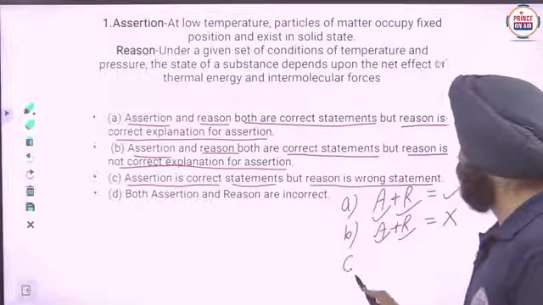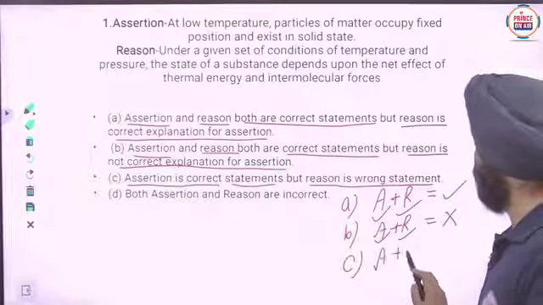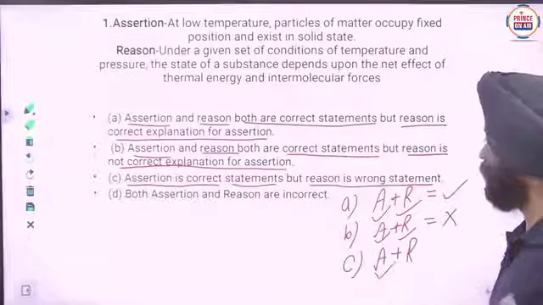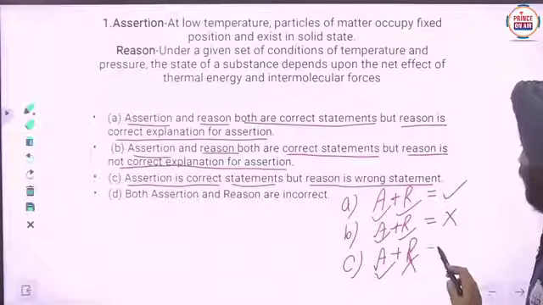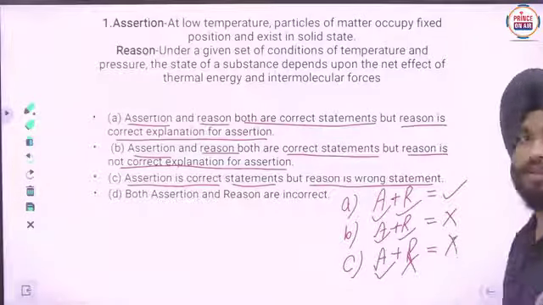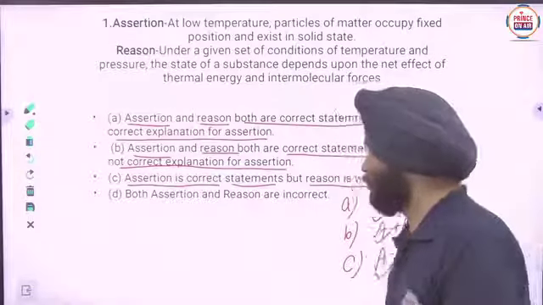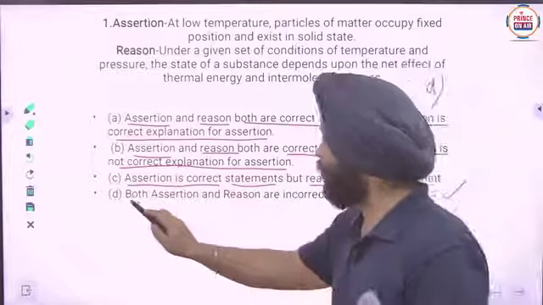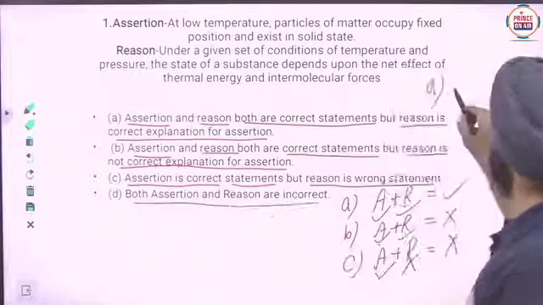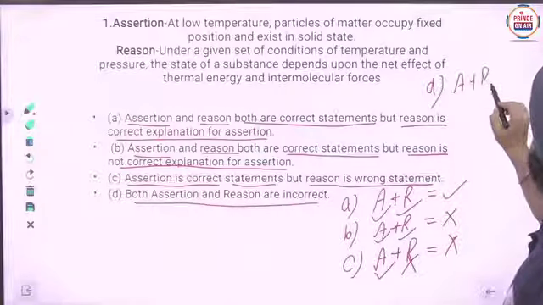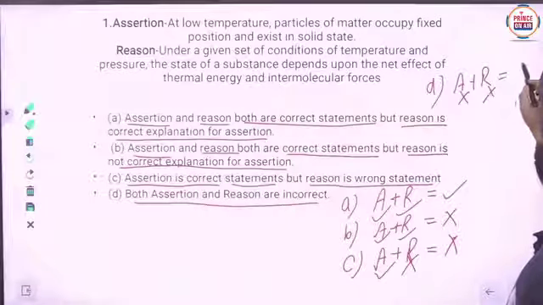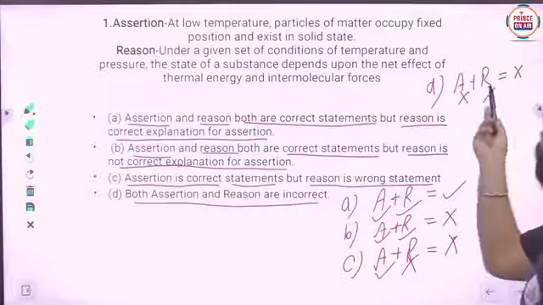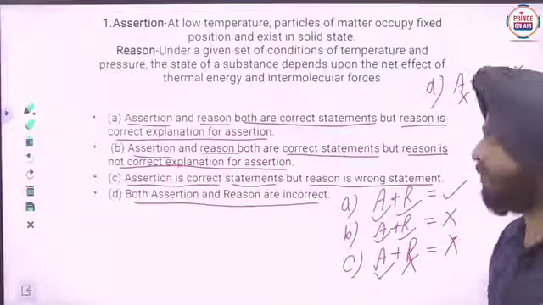And option D: both assertion and reason are incorrect, and the reason is not the correct explanation of the assertion.